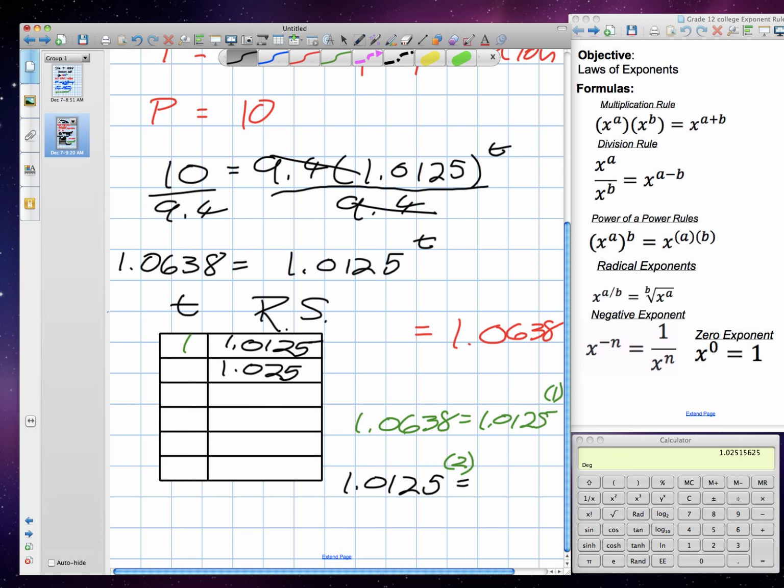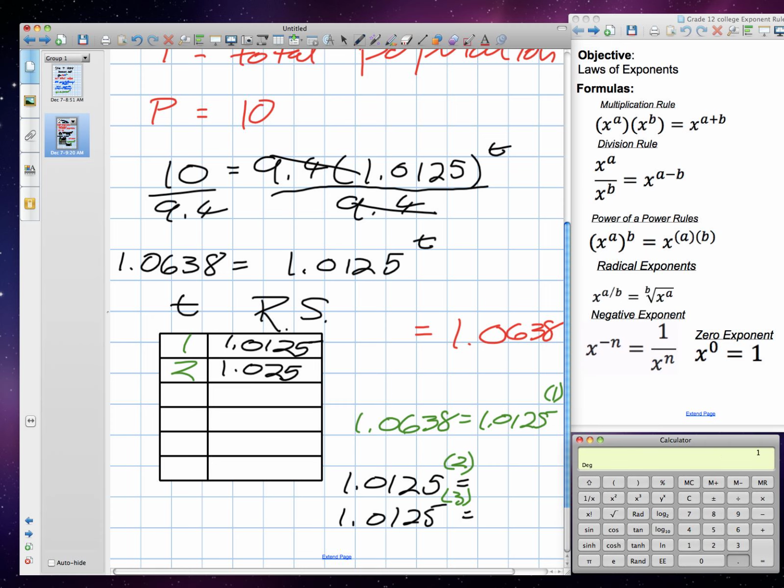And you keep moving up this chart. Next value, next question, 1.0125 to the power of 3. Equals, and when we plug it in, 1.0125 to the power of 3. What does that say?